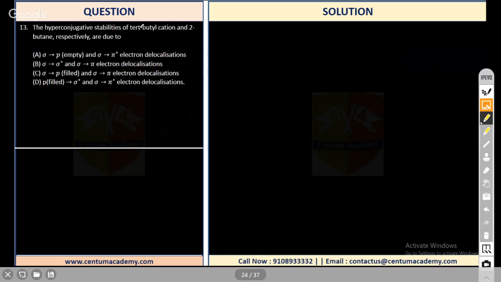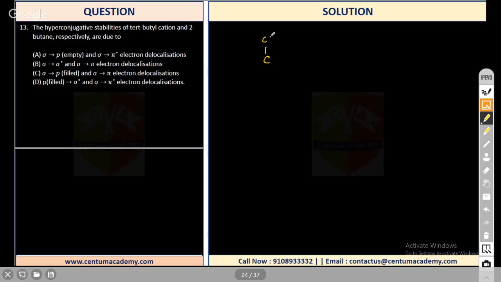The hyperconjugative stabilities of tertiary butyl cation and 2-butane respectively are due to. See, you can do this question like this.